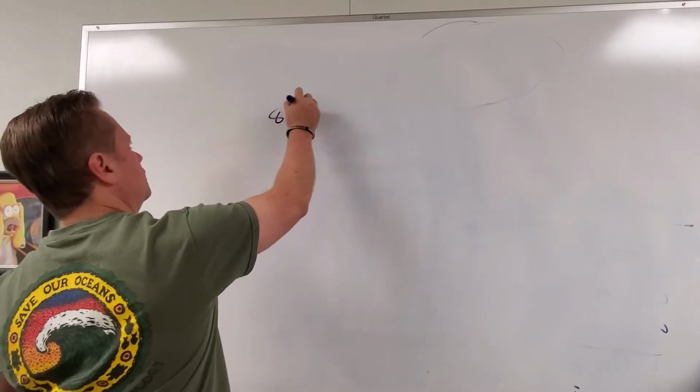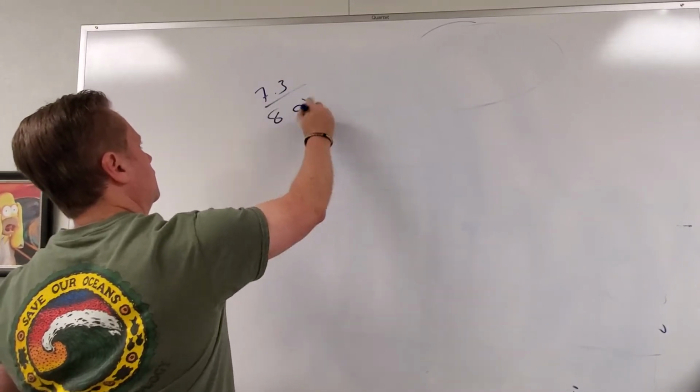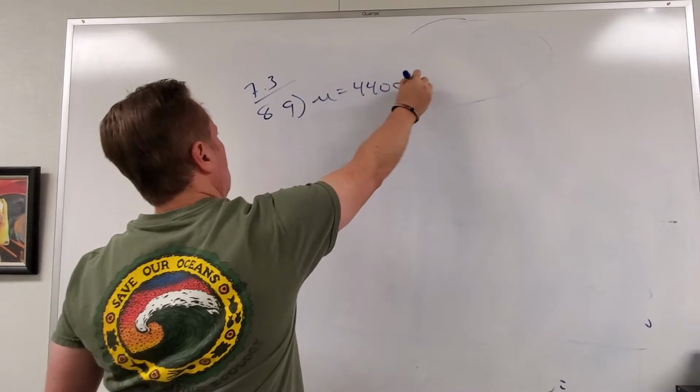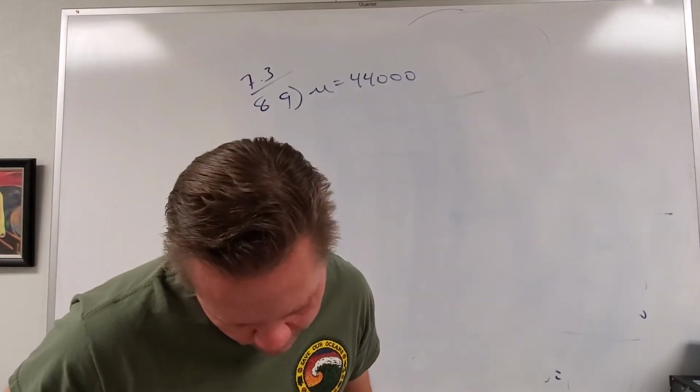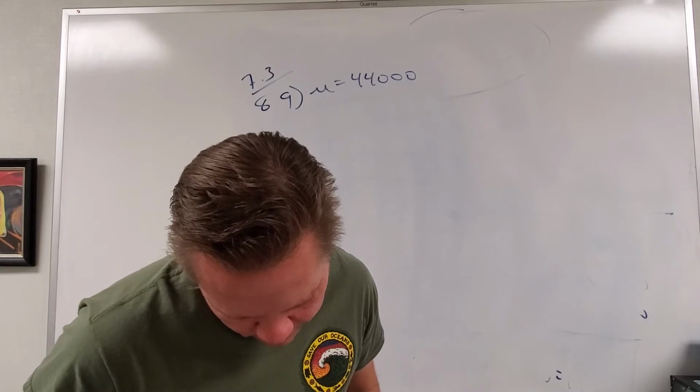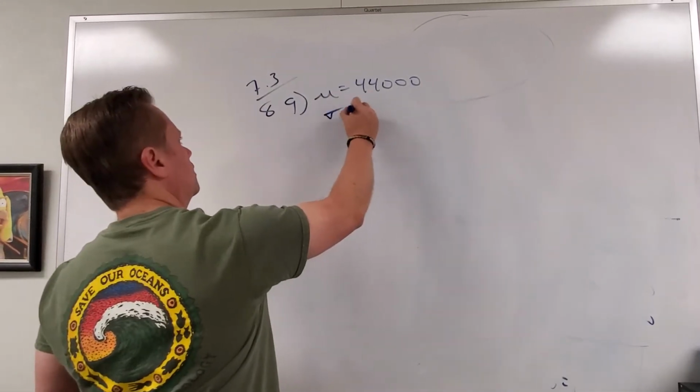Anyway, all that aside, I want to look at a couple of homework problems from section 7.3 because it gets a little bit weird. For example, 89 in section 7.3. It says salaries for teachers are normally distributed with a mean of 44,000 and a standard deviation of 6,500.